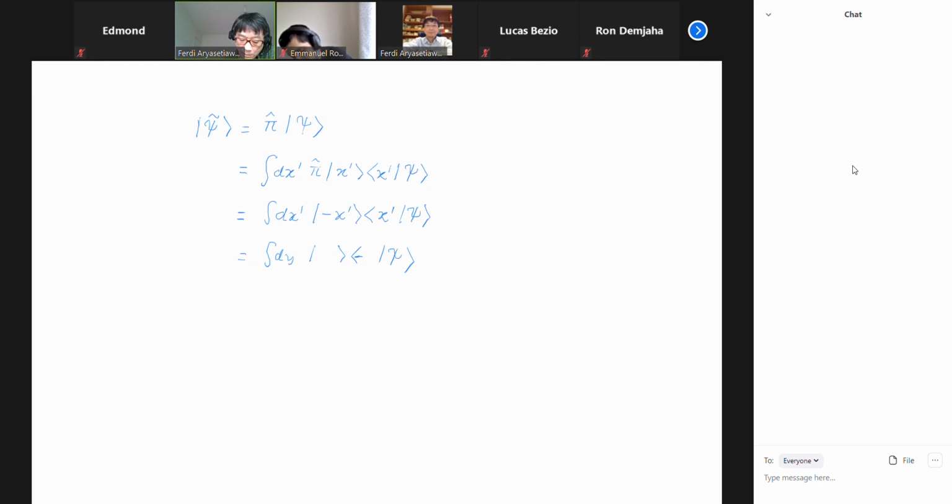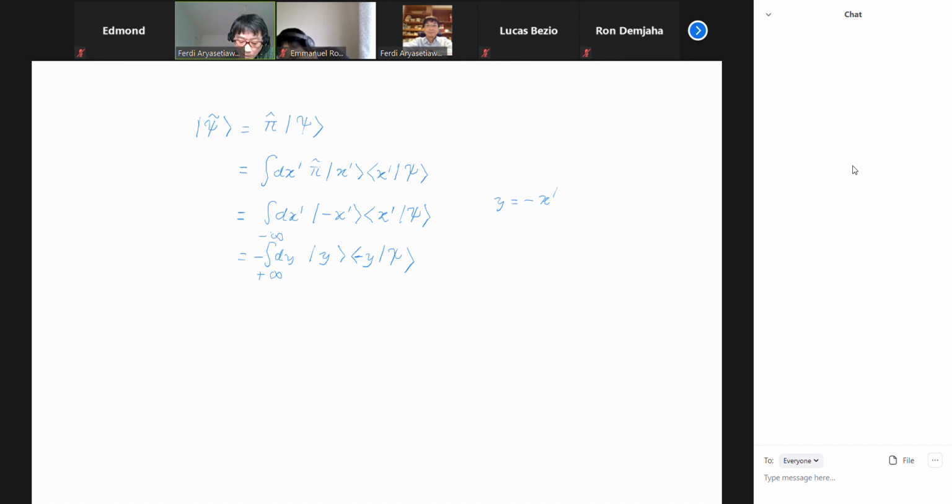So y goes to minus x prime like this. And the integral does not change because it's still the same range: it goes from minus infinity to plus infinity.